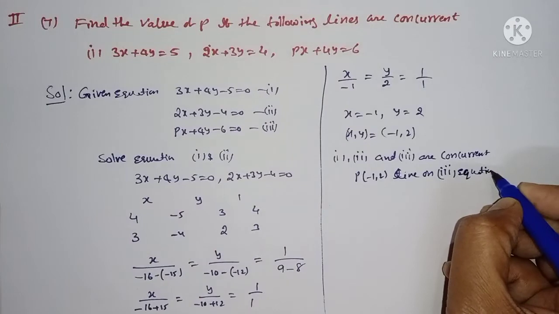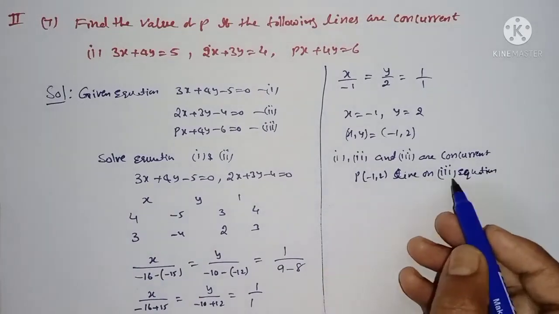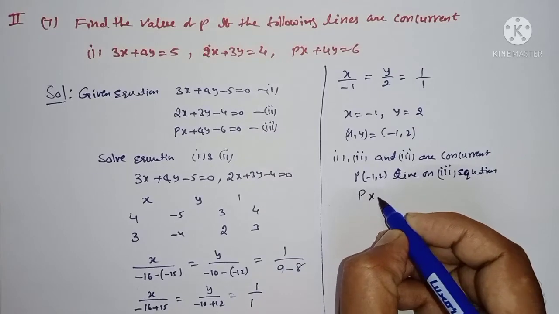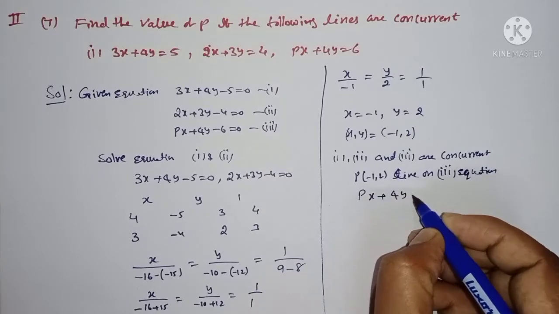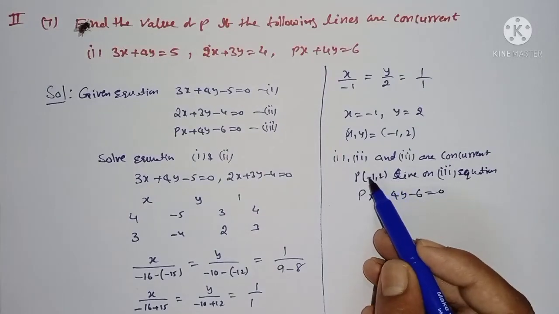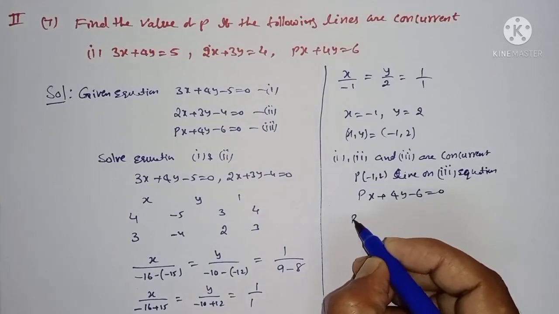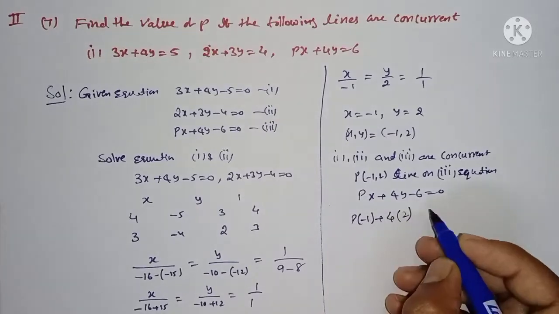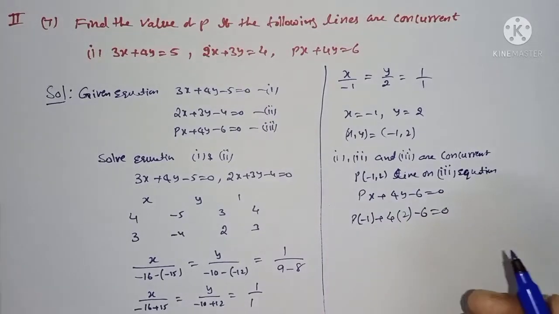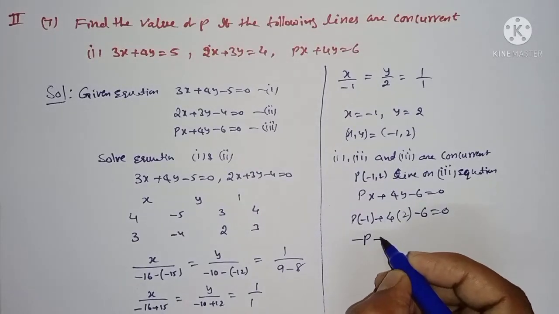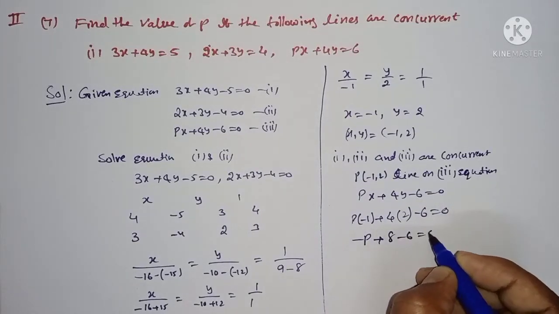The third equation is px plus 4y minus 6 is equal to 0. You can substitute x comma y as minus 1 comma 2. P times minus 1 plus 4 into 2 minus 6 is equal to 0. Therefore, minus p plus 8 minus 6 is equal to 0.